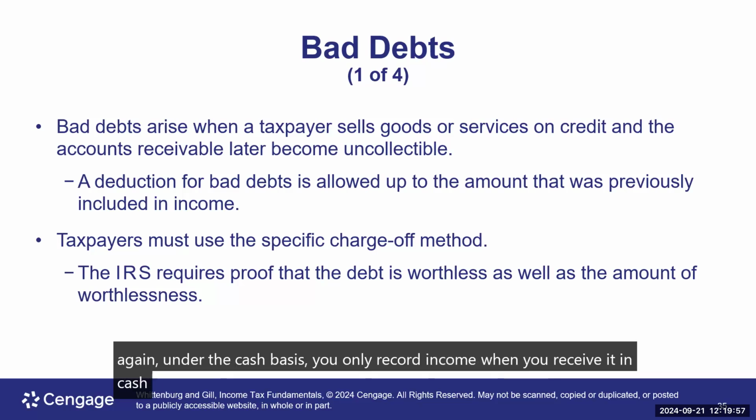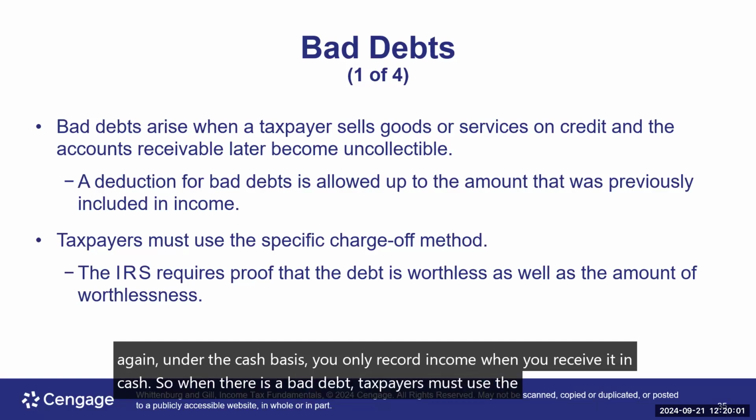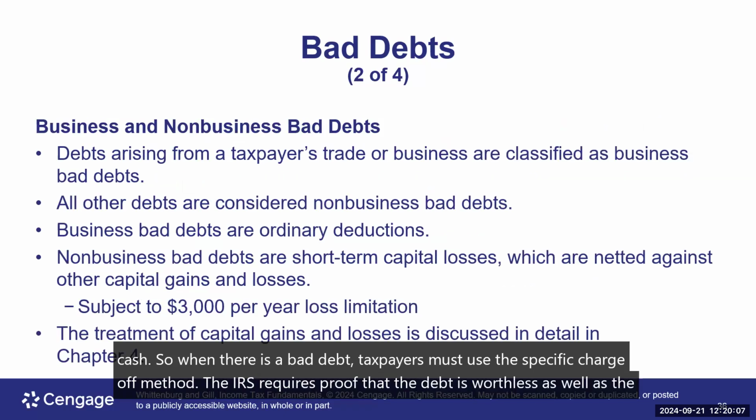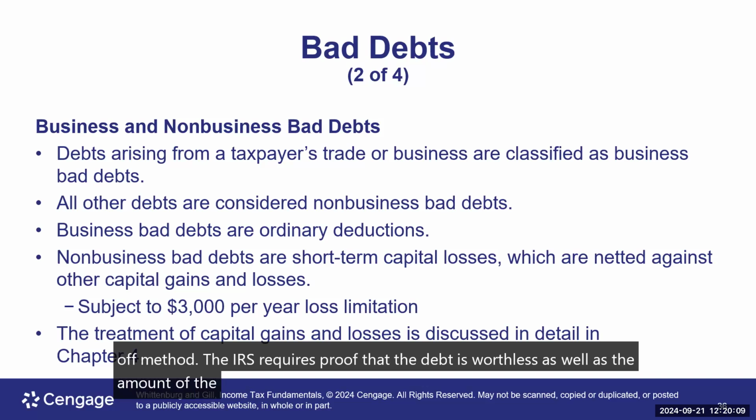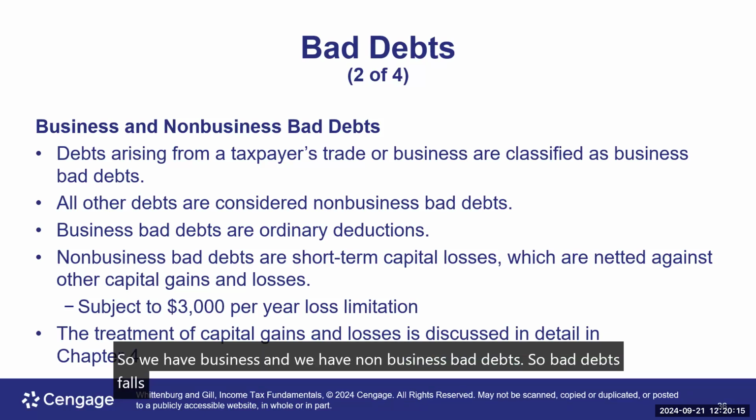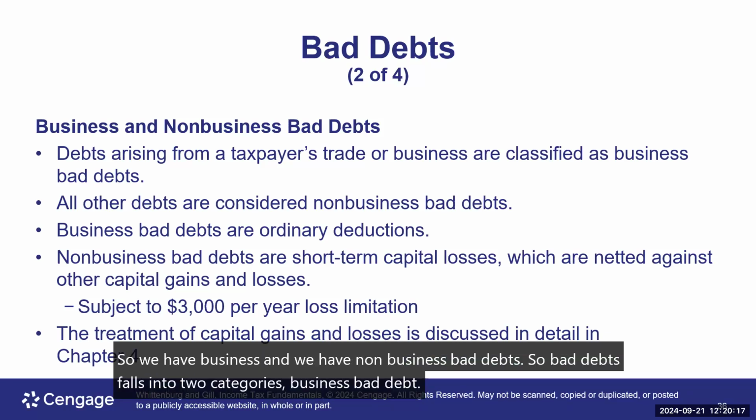When there is a bad debt, taxpayers must use the specific charge-off method. The IRS requires proof that the debt is worthless as well as the amount of the worthlessness. We have business and non-business bad debts. Bad debts fall into two categories: business bad debts and non-business bad debts.